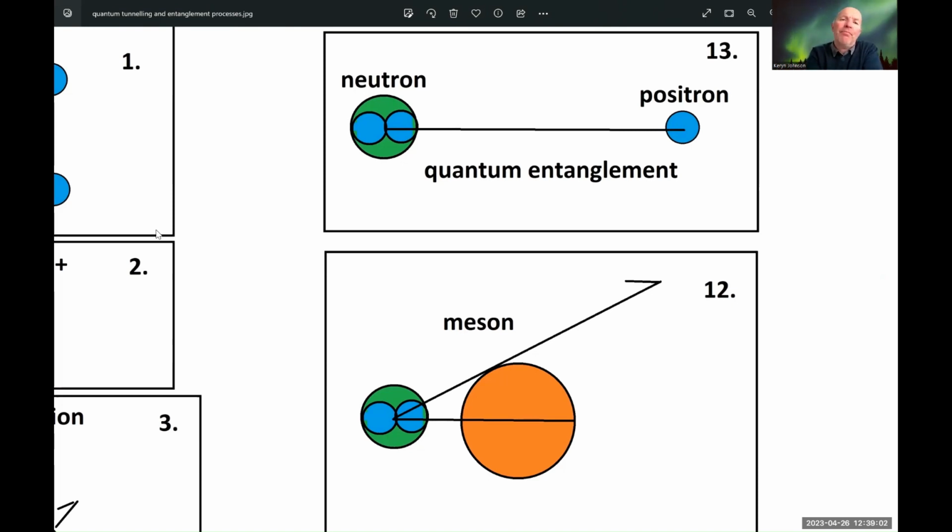So I think this model shows a credibility that hot Big Bang cosmology doesn't. So I'm saying that the asymmetry that we're seeing is really due to quantum tunneling and entanglement and turning light into atomic structure, turning something that had no mass and no charge into something that has mass and charge.